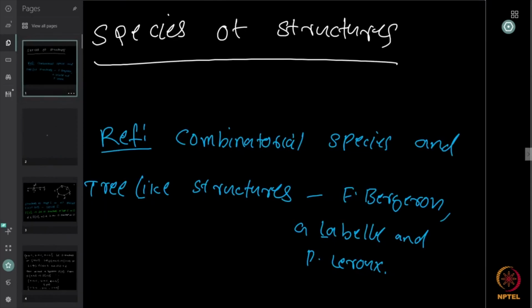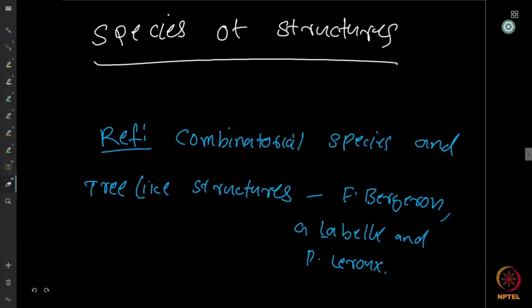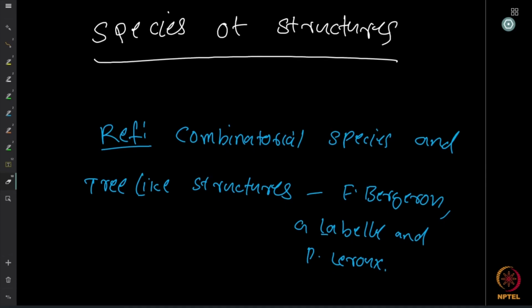If you want anything further on this topic, you can look at this nice book, Combinatorial Species and Tree-like Structures, by Bergeron, Labelle, and Leroux. There are more details on this, with lots of exercises and also much more advanced topics. Okay, so I will wind up with this for today. See you in the next lecture.